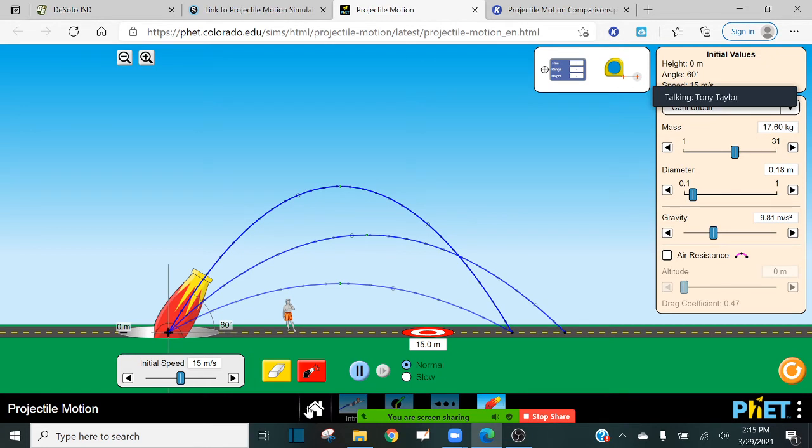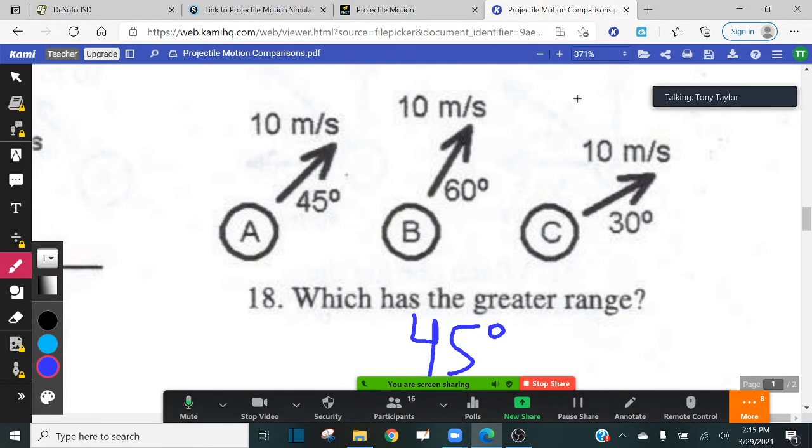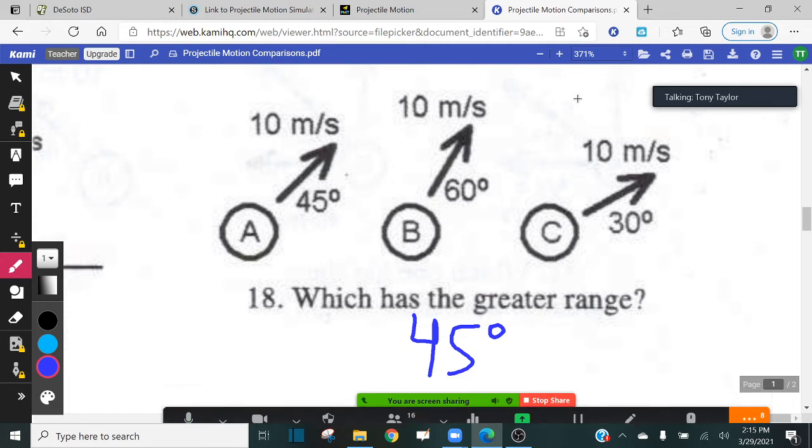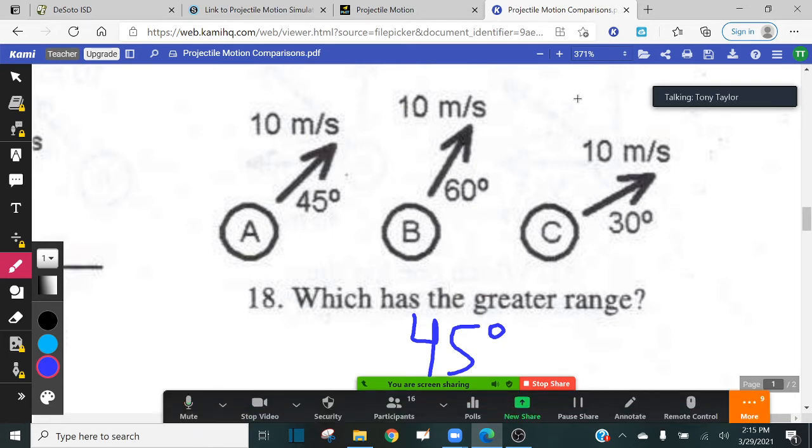All right, so let's keep moving. So I'm going to clear my screen here. Yes, Angelina, 45 degrees is always the sweet spot. So between launching something horizontally or launching something from an angle all the way up to 90 degrees, 45 degrees is the sweet spot.